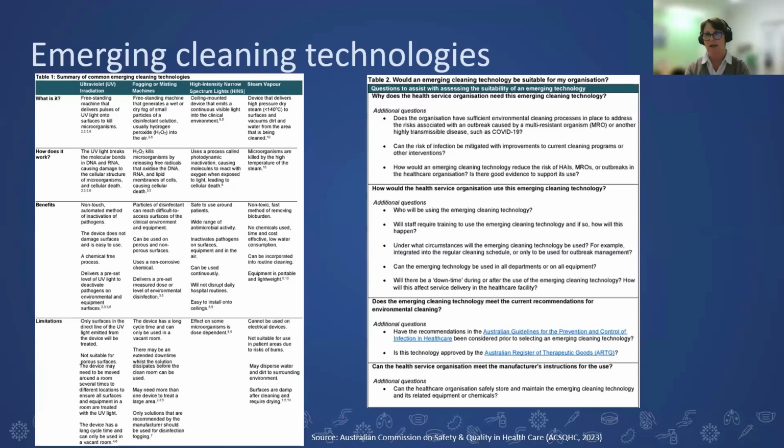So we refer to the Australian Infection Control Guidelines, the Clinical Excellence Commission in New South Wales, the Australian Commission on Safety and Quality in Health as well. Can you meet the manufacturer's instructions for use as well? And taking into account the safety and health of your staff, but also perhaps your contractors as well.